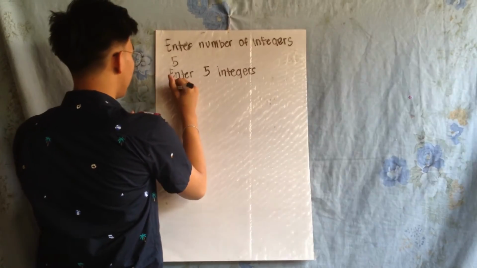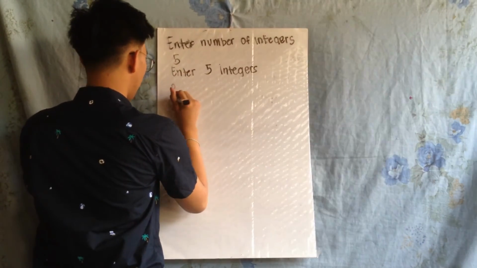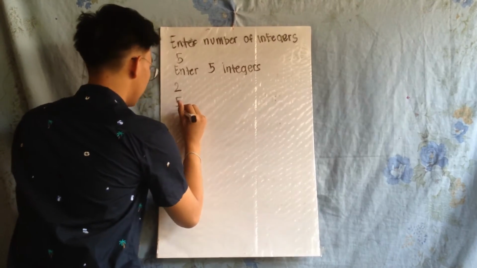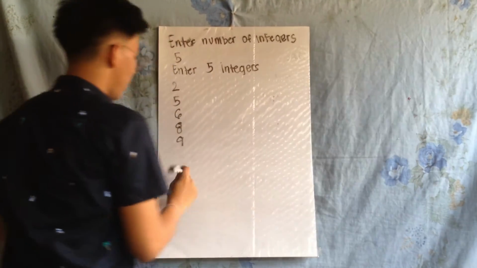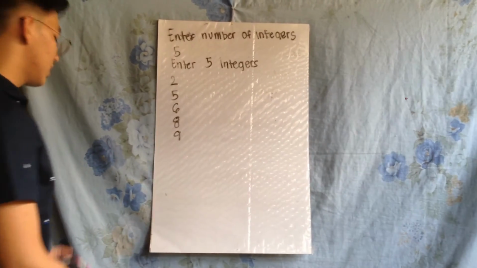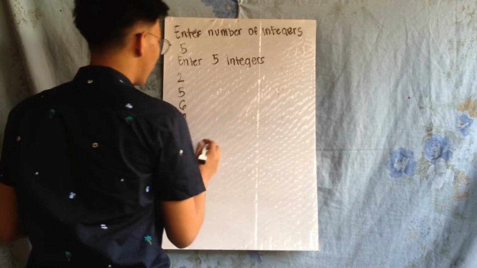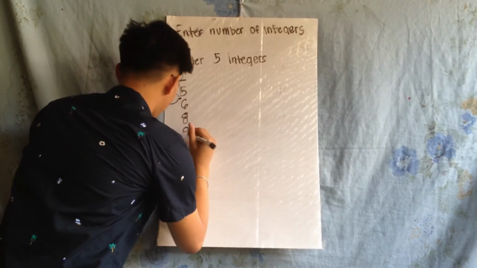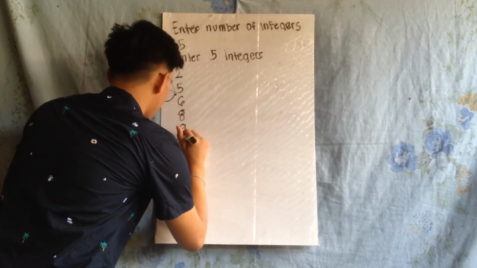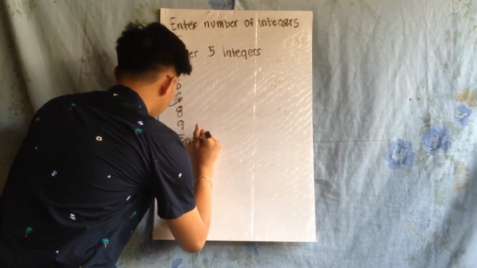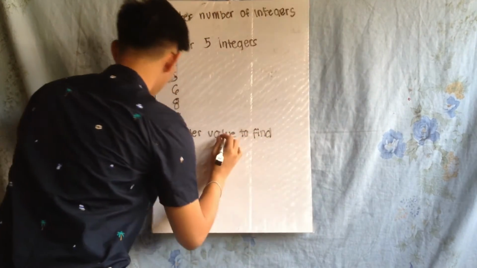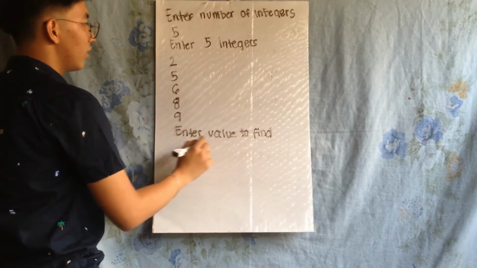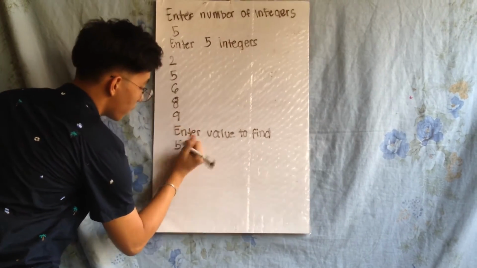Ang ine-enter natin is 2, 5, 6, 8, 9. After natin ma-enter yung 5 integers, mag-enter naman tayo ng value para kung ano yung nahanap. So guys, ang in-enter natin na value ng integer is 5 din.